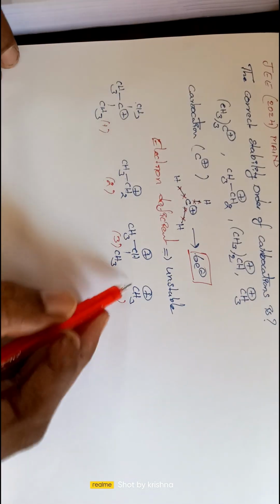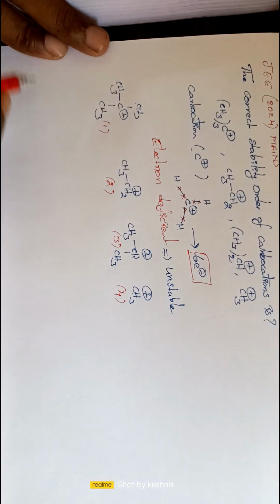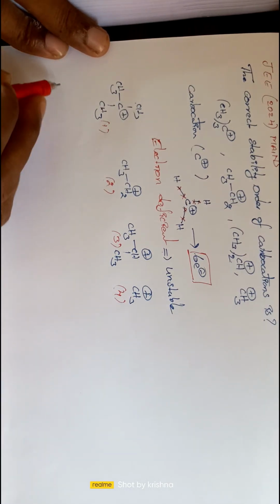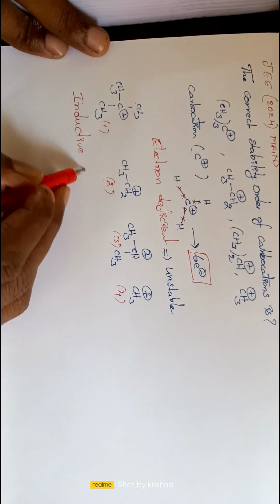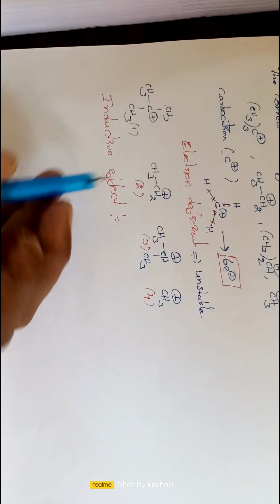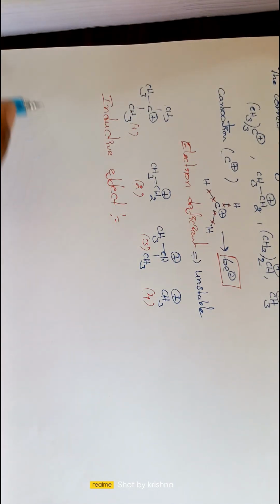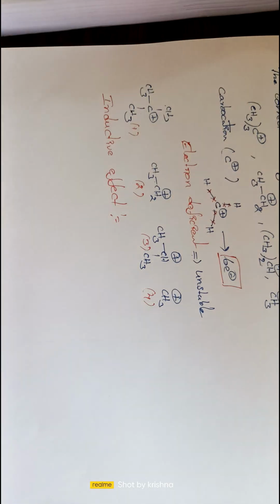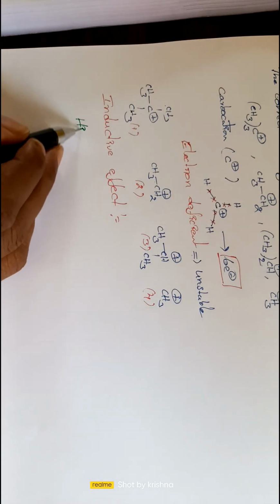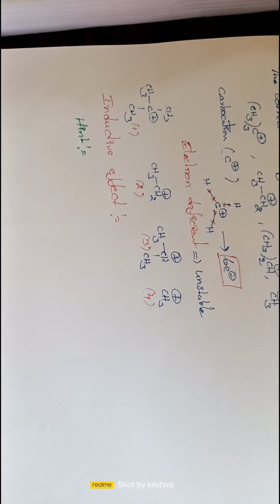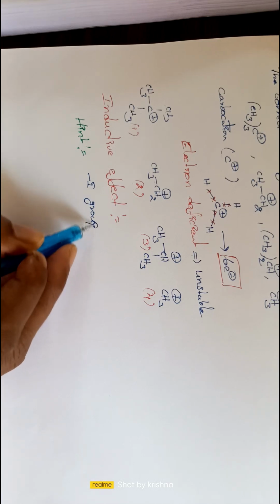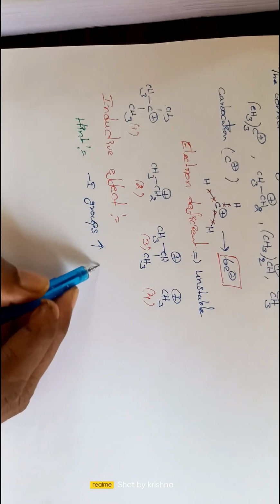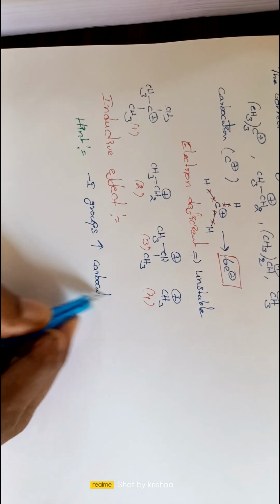The stability of these saturated, aliphatic carbocations is explained based on the inductive effect. Here is the hint. Based on the inductive effect, as minus I groups increase, carbocation stability decreases.